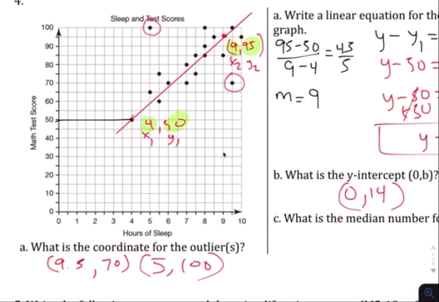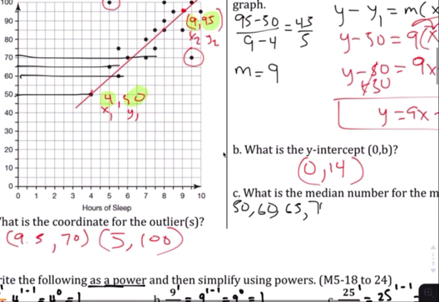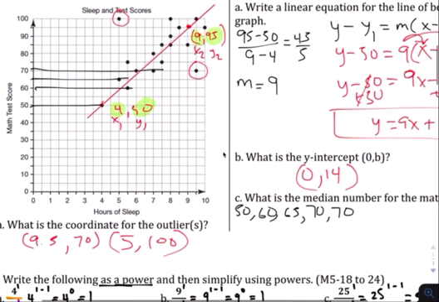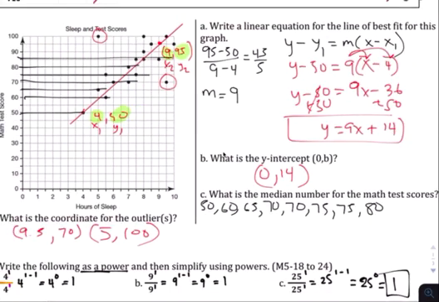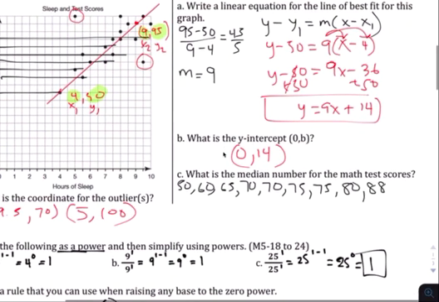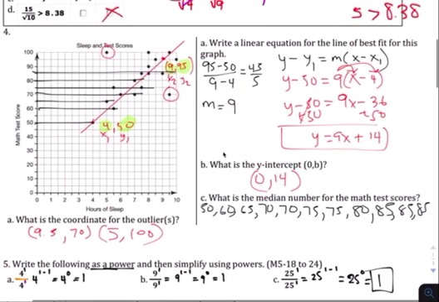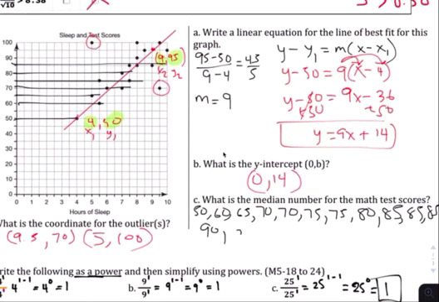Test scores start 50, 60, 65, two 70s, two 75s, 80, three 85s, 90, two 95s, and three 100s.